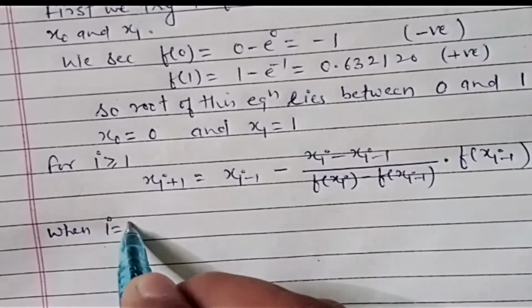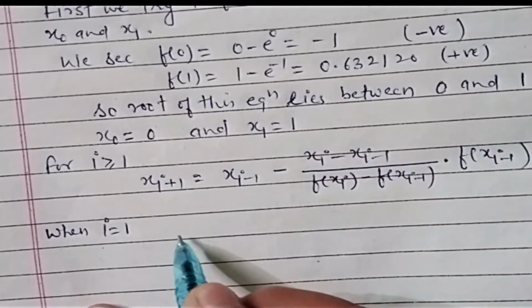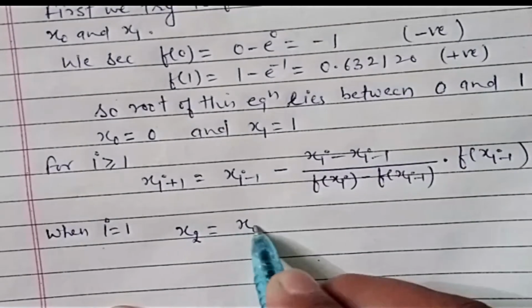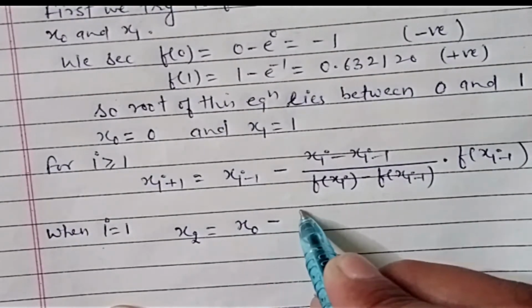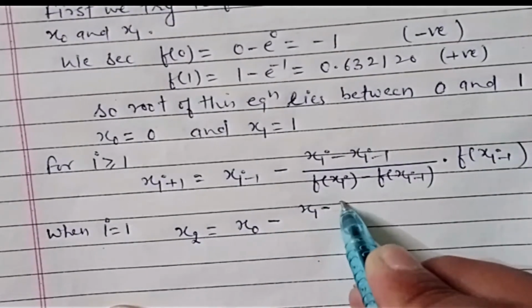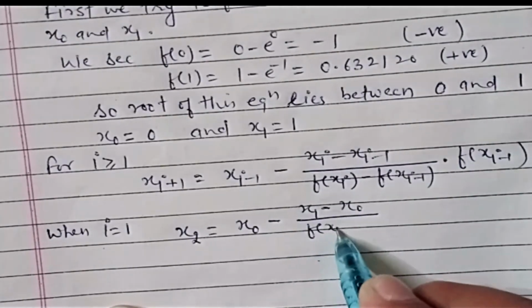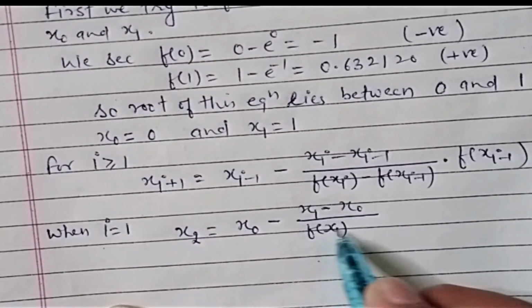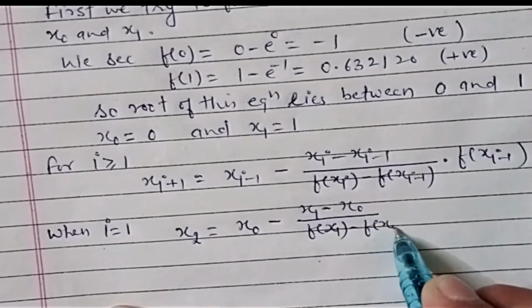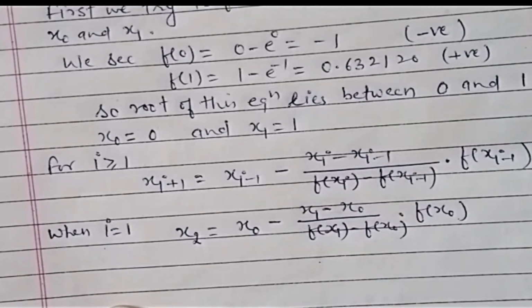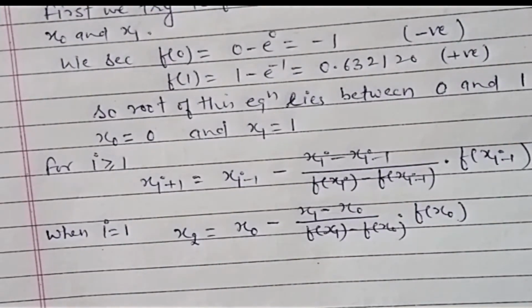So when i is equal to 1, x2 is equal to x0 minus (x1 minus x0) upon (f of x1 minus f of x0) into f of x0.